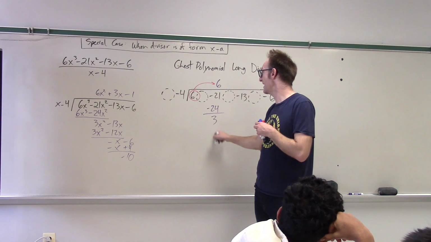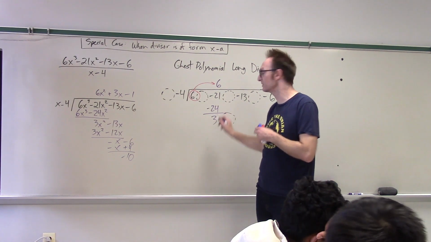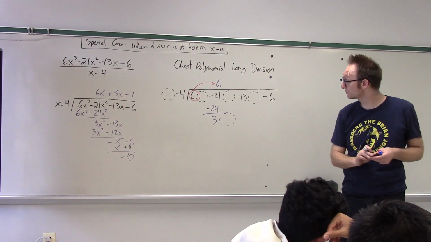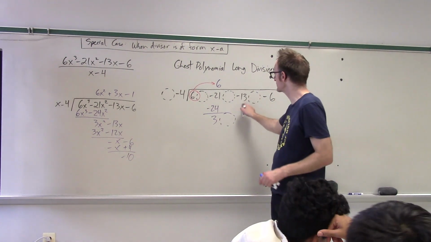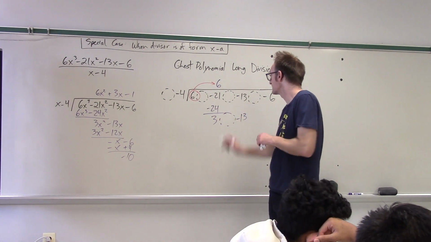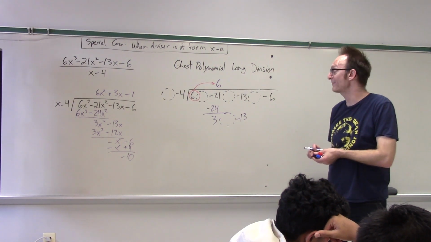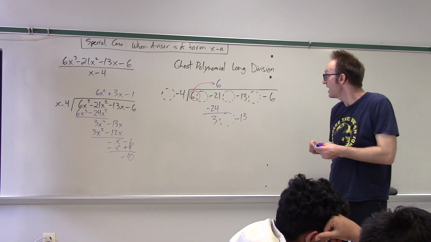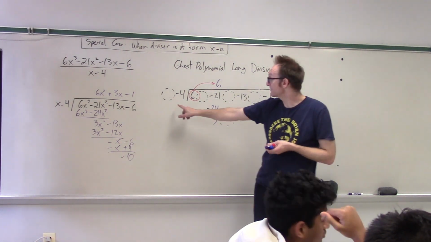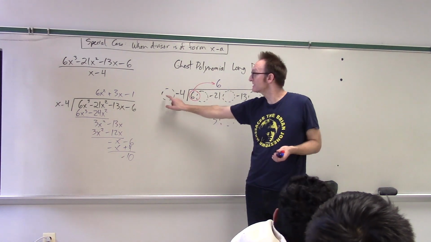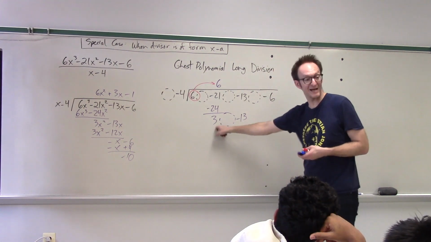All right, then I subtract: negative 21 minus negative 24 is 3. And then I don't even bother writing the variables because they're irrelevant to the logical structure of what's going on. Then the next thing I'm supposed to do is bring down this 13. So I do that. All right, and then what's supposed to happen next? Then I'm supposed to ask myself, how many times does x minus 4 go into 3x whatever, right?